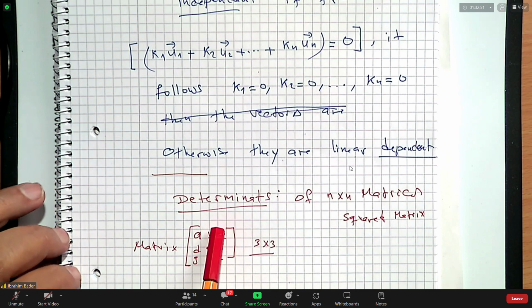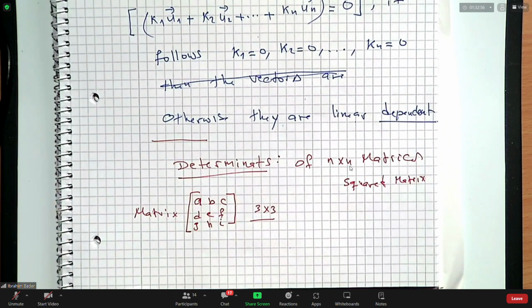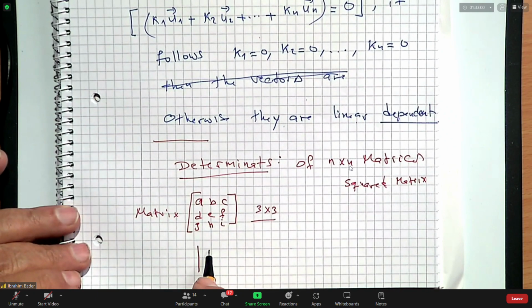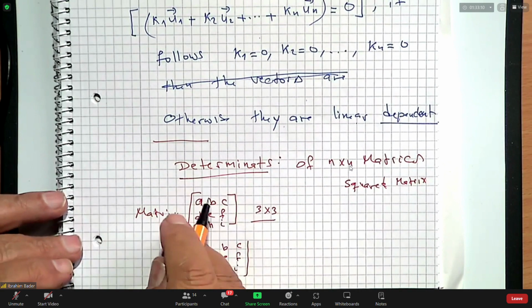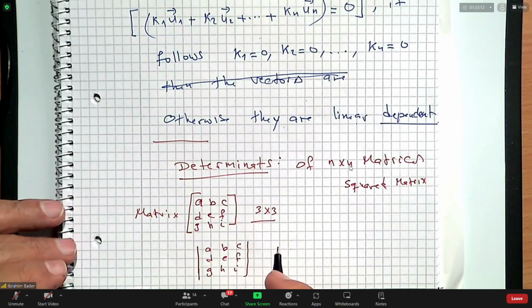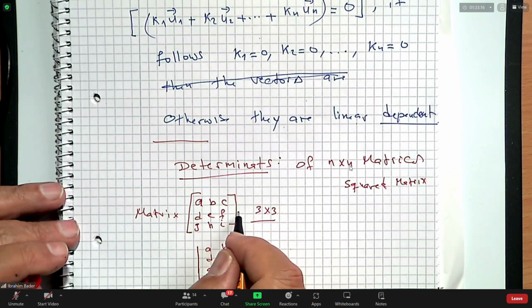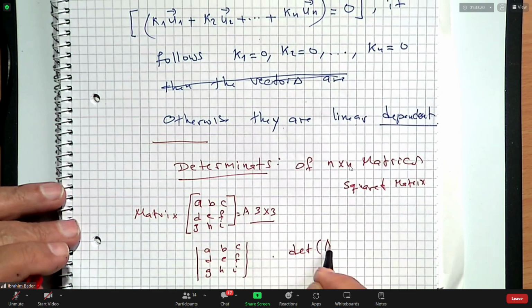Usually we use parentheses for a matrix, and the determinant of this one, A, B, C, D, E, F, G, H, I, is written like the absolute value, changing these into bars. Or sometimes, if this matrix is equal to A, you find the notation determinant of A.